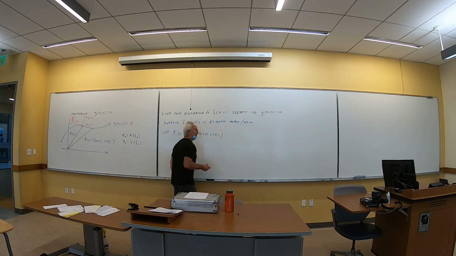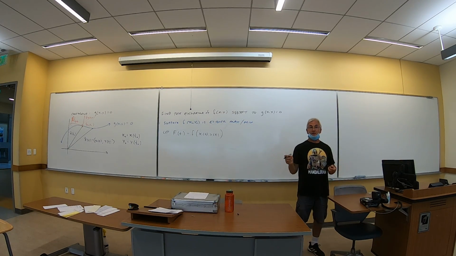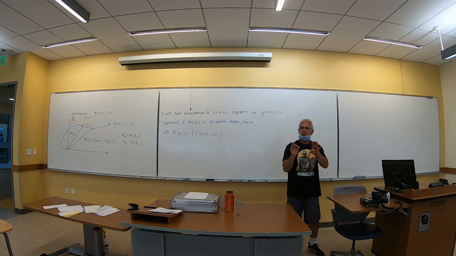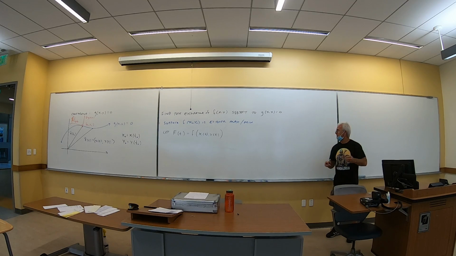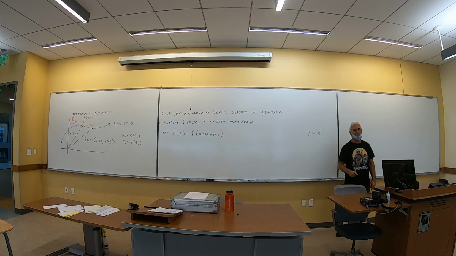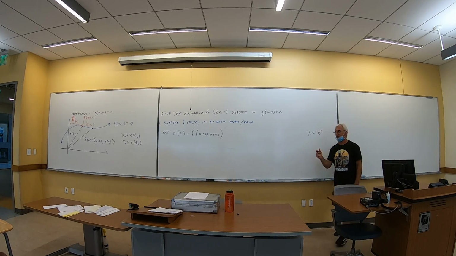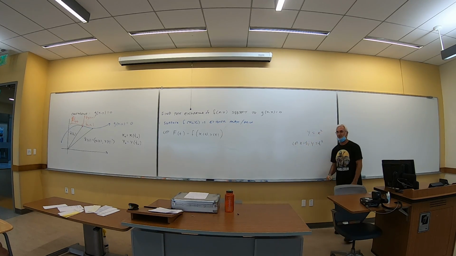We know this is legal. I can do this for anything. Let me remind you of how simple this is in general. You did this at the end of Calc 2. I have y equals x squared. I want to parameterize this. Parameterization is as simple as this: let x equal t, then y equals t squared. I'm done.